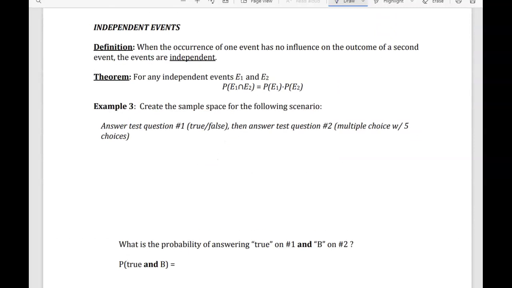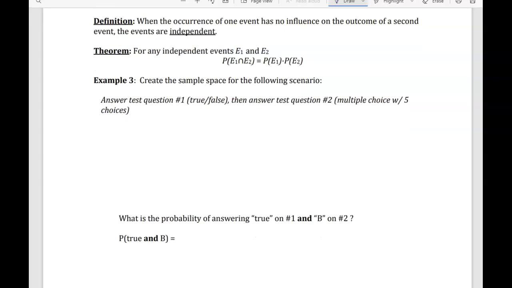Now let's look at the sample space for this particular scenario. Test question number 1 is true-false. Then we answer test question number 2, which is multiple choice with 5 answers. So if I do a tree diagram, I have 2 choices on my first one: it's going to be true or it's going to be false.